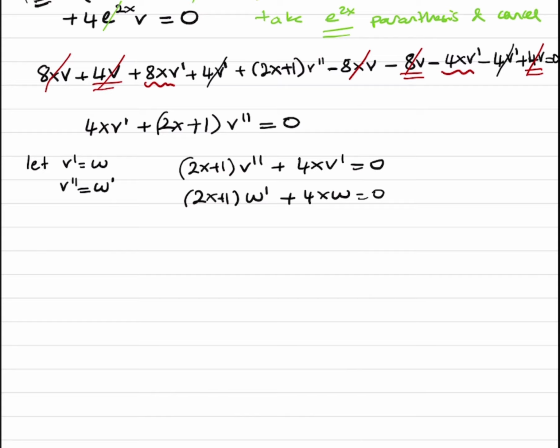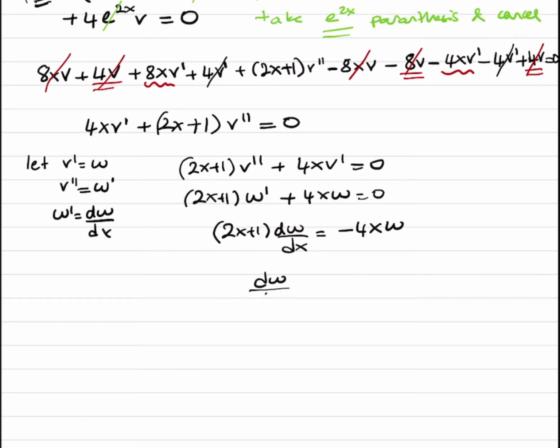Now we have a separable differential equation. So we know w prime is equal to dw over dx. So we can write (2x plus 1) dw over dx is equal to minus 4x w.